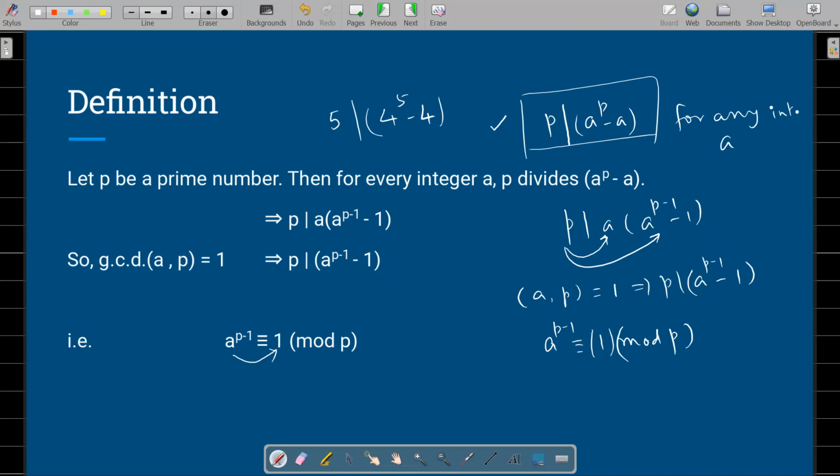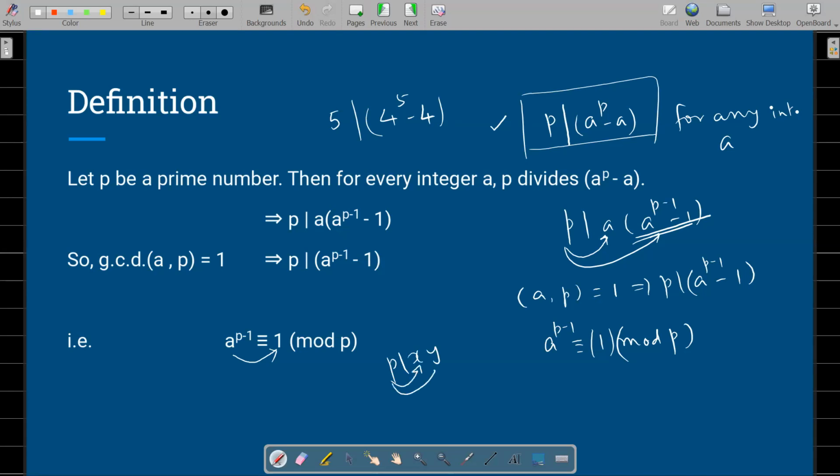Sir, can you repeat how did we get GCD as 1? Like p is a prime, right? So integer a and p will always have GCD as 1, I guess. Which step are you saying? The second step. So I'm taking a common, and therefore p divides a times a raised to p minus 1 minus 1. And for a prime number, if p divides the product, then p will divide one of those numbers.